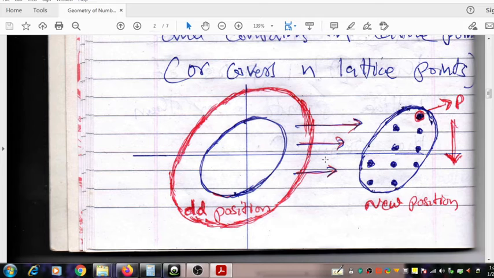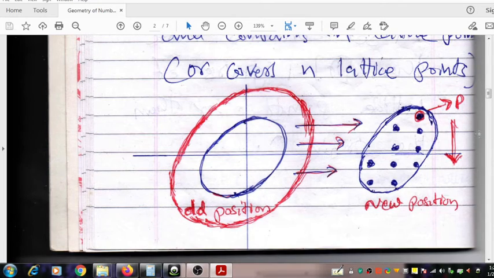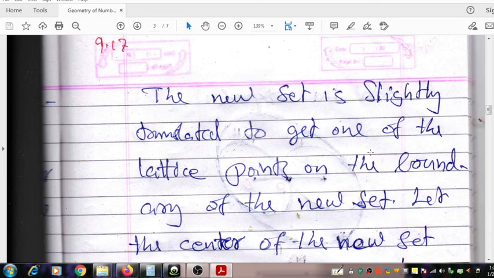As I have explained already, you can then further translate it slightly to obtain one of the lattice points on its boundary. So we can say that there are n lattice points either inside or on the boundary of the new position of the M set.